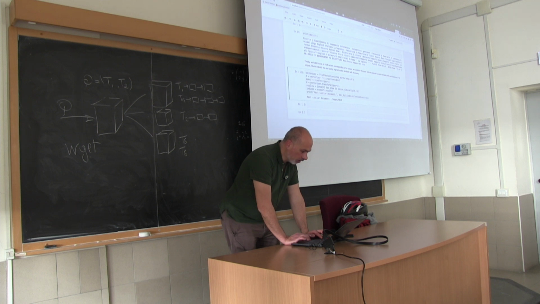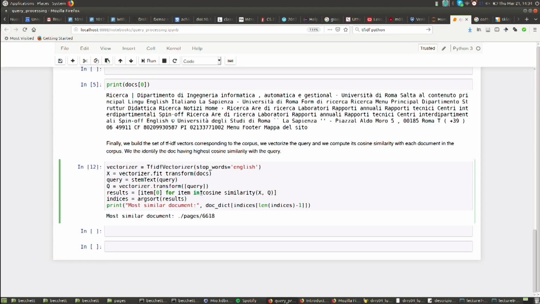Then I do the same for the query. And then I apply cosine similarity to the matrix corresponding to the set of documents, and to the vector, which is a special case of a matrix, corresponding to the query.